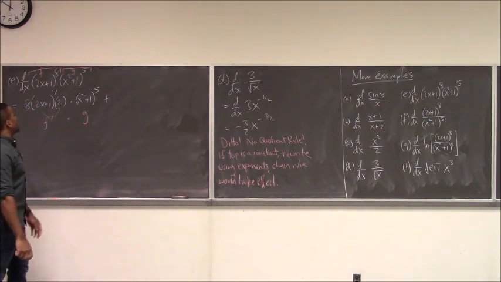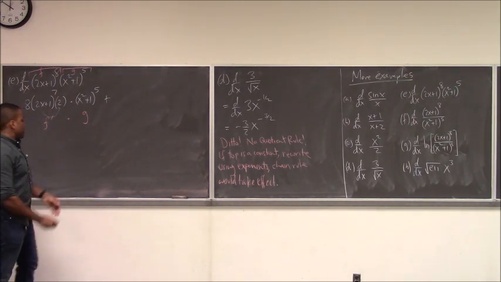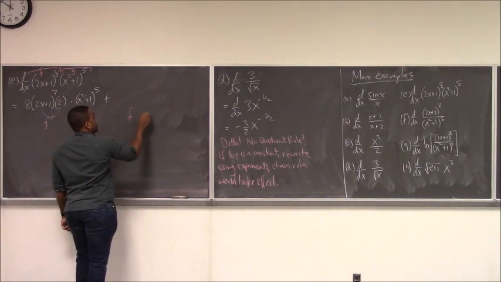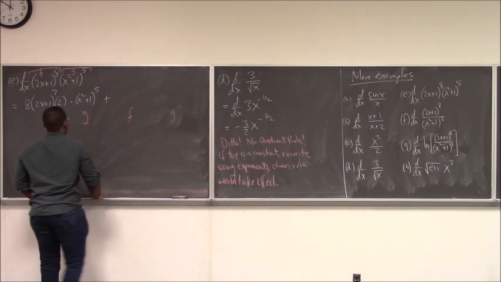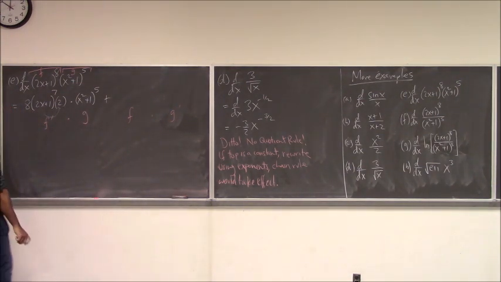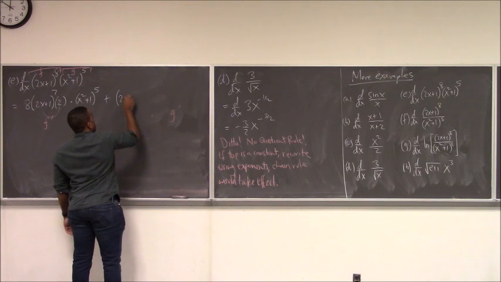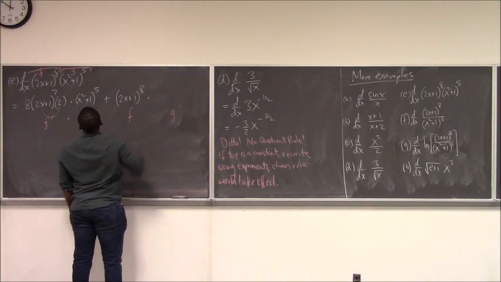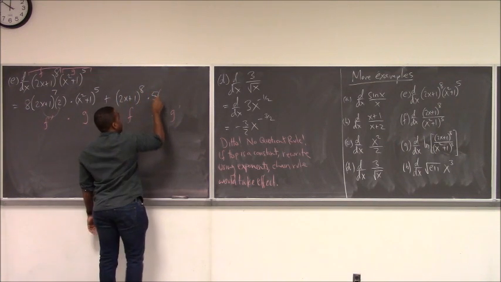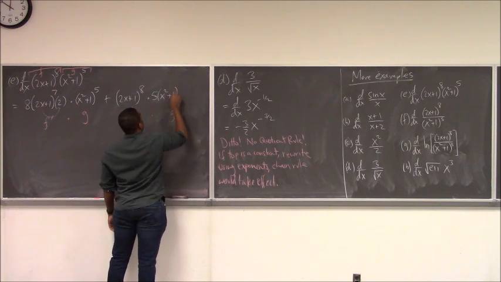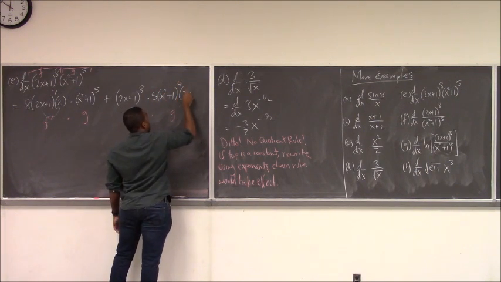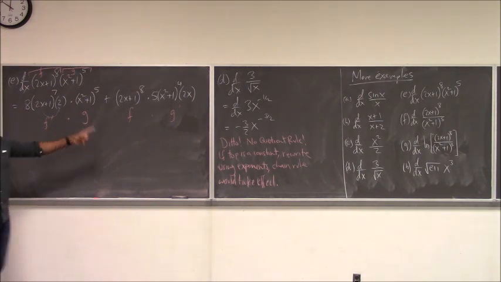Plus, so then I have to do f times g prime. So f is just 2x plus 1 to the 8th. And then g prime would be 5 times the quantity x squared plus 1 to the 4th times 2x. So we needed the chain rule to differentiate each of those, but you should just realize that you're just differentiating one at a time and creating a sum.